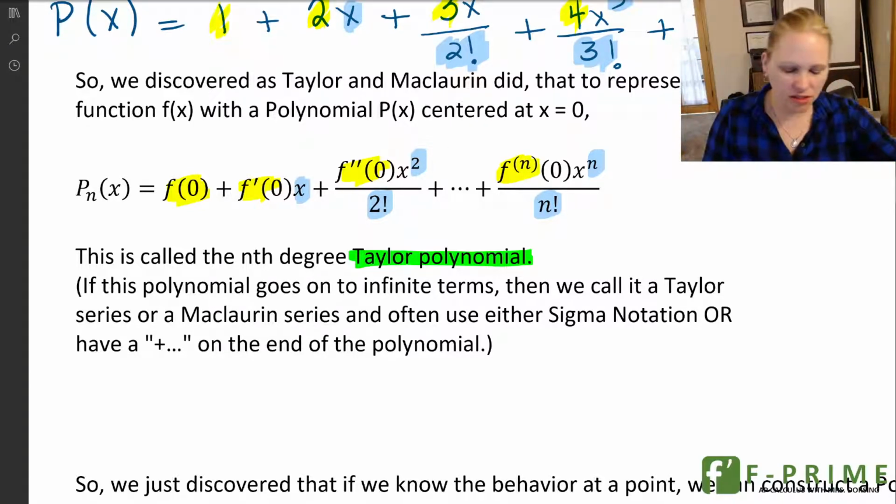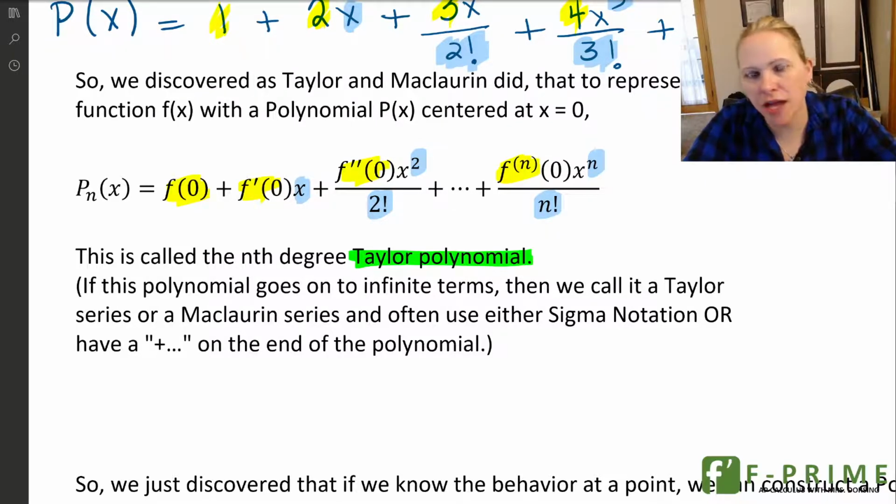And we're going to start seeing as we move forward and explore more of these, that these polynomials will match the graph. So the polynomial we constructed for the sine will match the graph of sine. And the more terms we add to it, the more it will line up, the closer it will be within whatever the interval of convergence is for that particular problem. So this is a simple process, nothing crazy just yet.